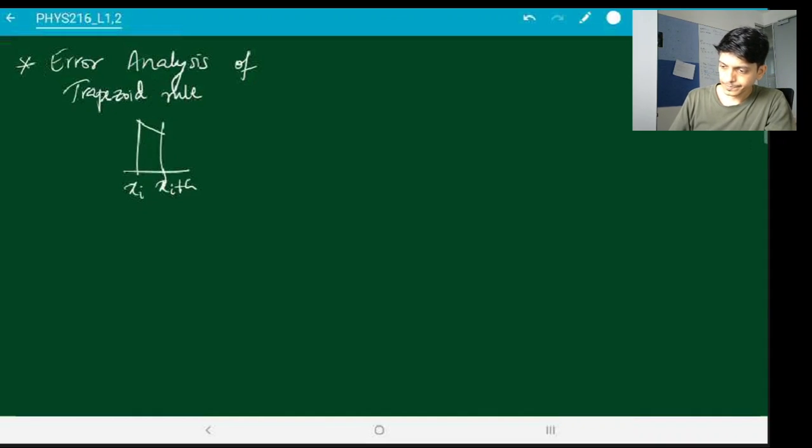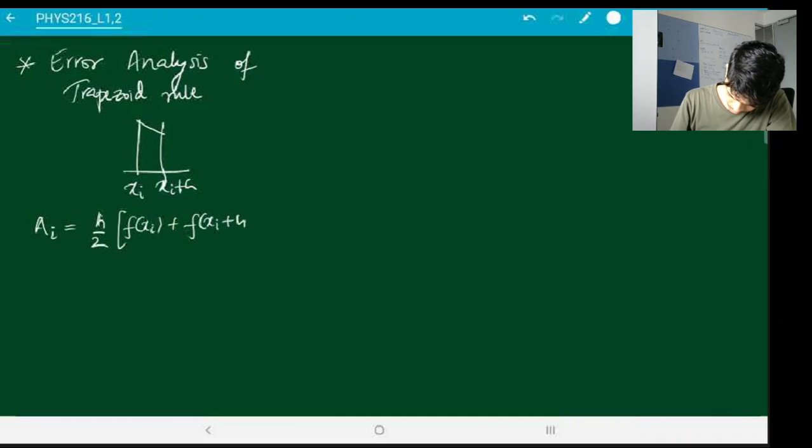The area of this ith trapezoid is, as we had discussed, half times height times f of xi plus f of xi plus h. Now on this f of xi plus h, I am going to apply the Taylor series expansion, which we saw before in the introductory lecture.